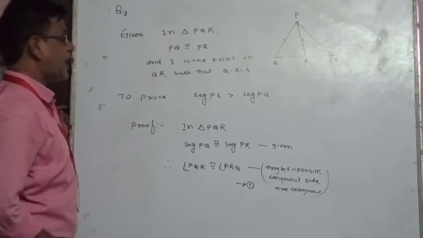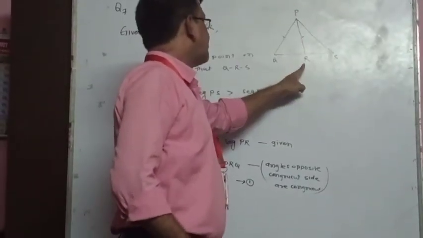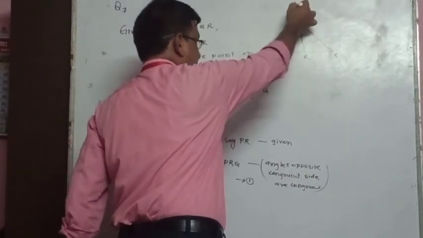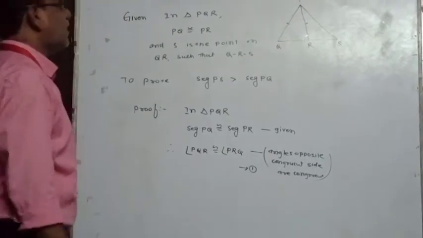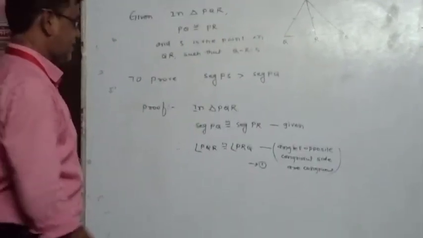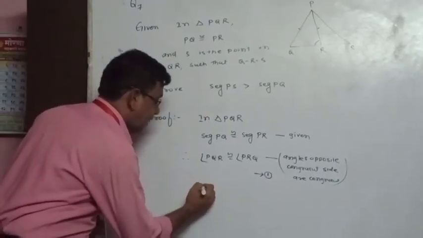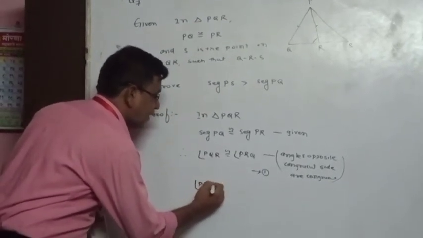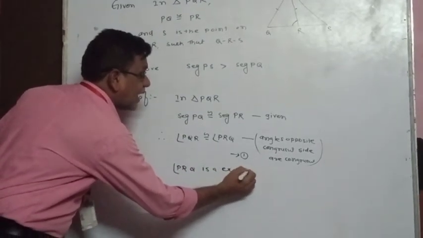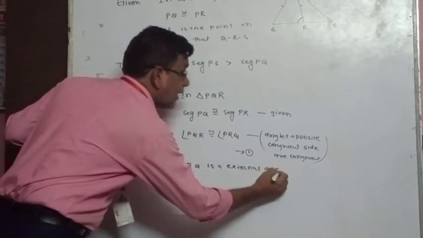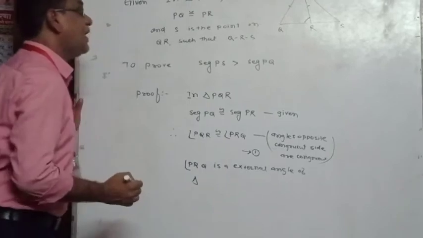Now come to next. See here, in triangle PRS, this is an external angle. Okay, PRQ is the external angle for triangle PRS. So angle PRQ is an external angle of triangle PRS.